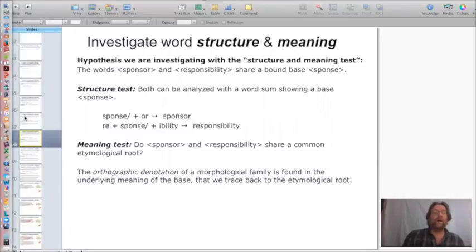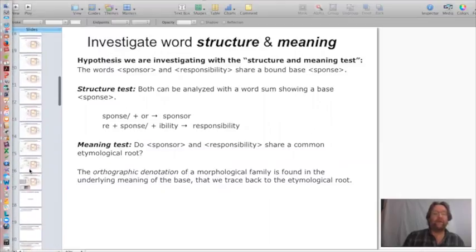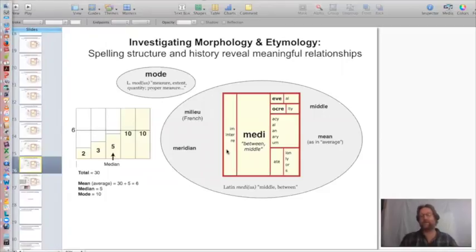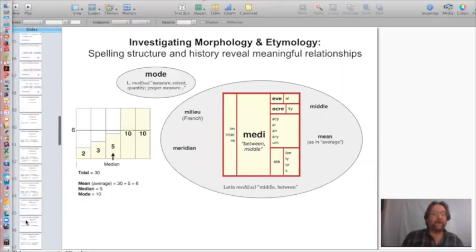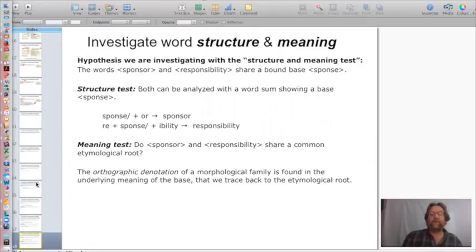So when I was back here in our morphological and etymological families, this base has the orthographic denotation of between middle, which we get from the root. But all of the words in this matrix have an echo of that underlying meaning, as do the words in the oval. But MODE does not because it's not from the same family.